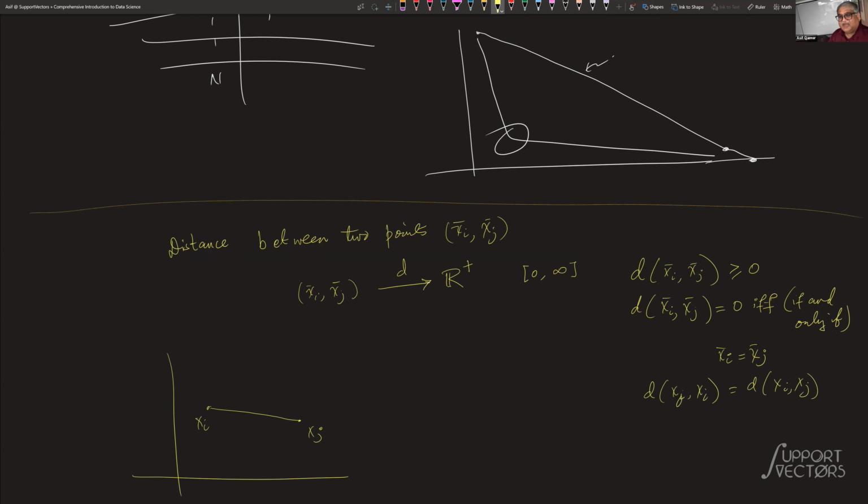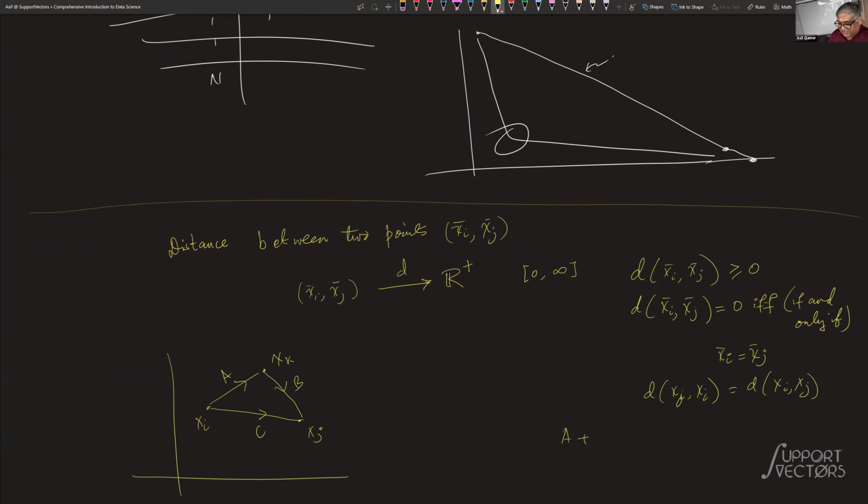So it's symmetric. It's a symmetric positive number, 0 or positive. But there's one extra thing that you need for distance. Suppose you take a point Xk, then you would agree that this path is longer than the path from Xi to Xj. Let me just call them A, B, C.